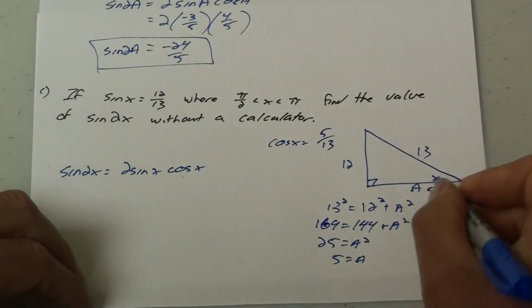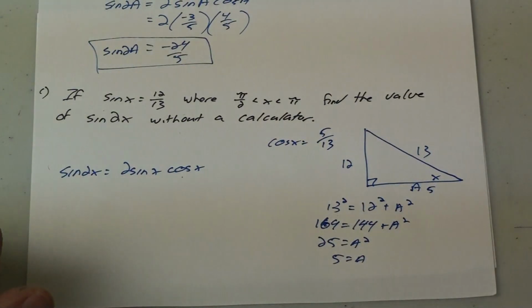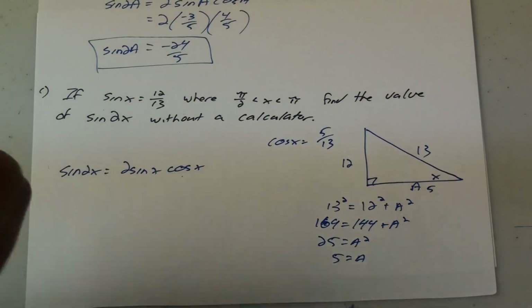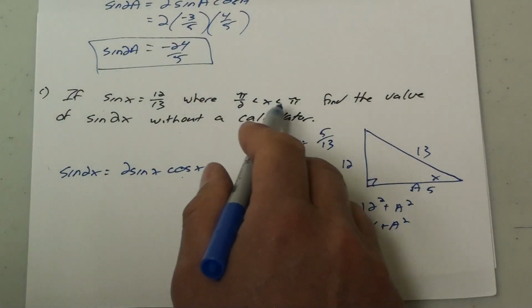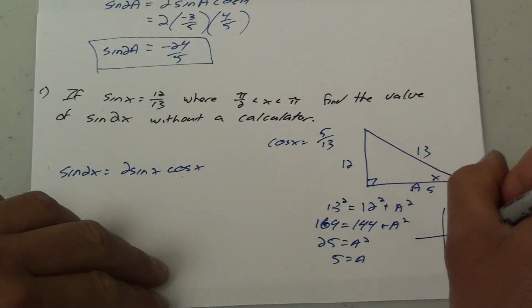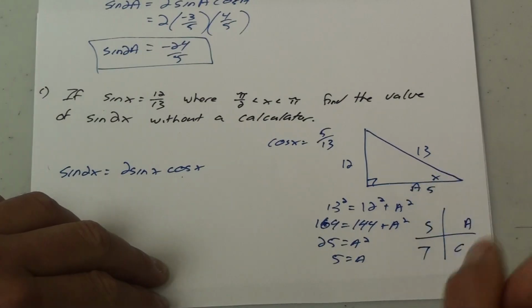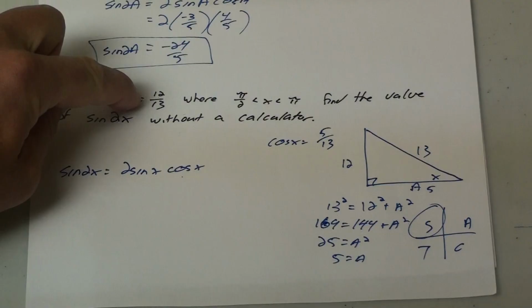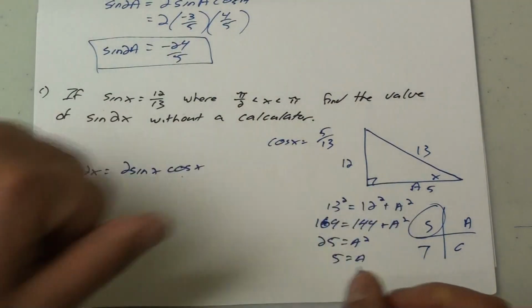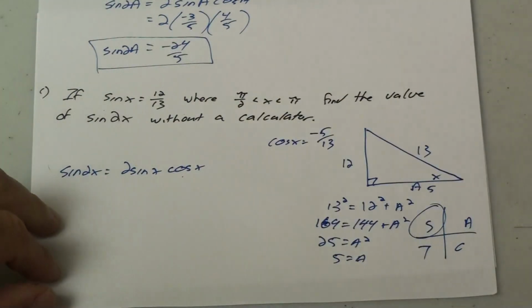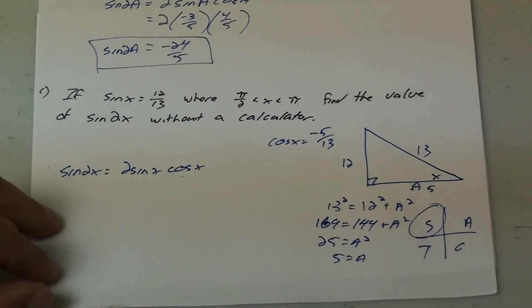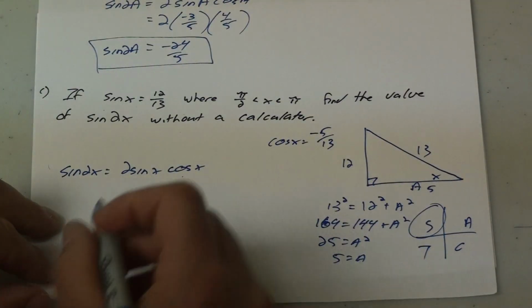That's my adjacent. Adjacent was 5, and my hypotenuse is 13. Now, but it said it's between 90 degrees and 180. CAST. 90 degrees to 180 is in the S quadrant. Sine was positive, that makes sense. But cos in that quadrant is negative. So I need to make sure I put negative 5 over 13.